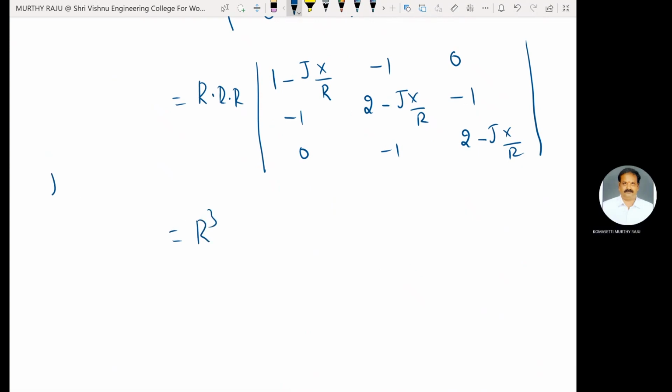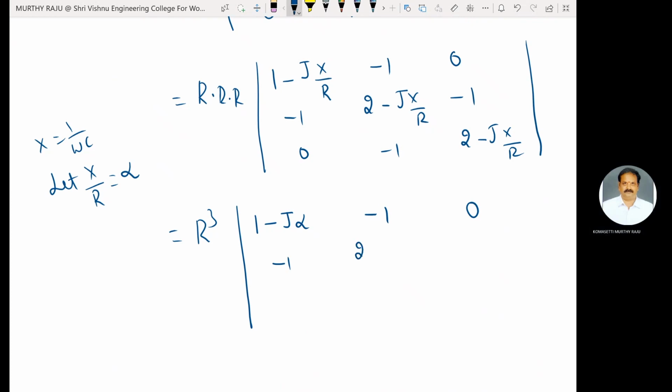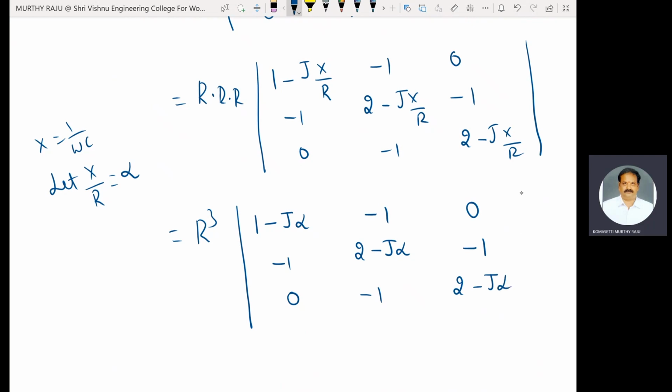We get R cube. Let X by R be equal to alpha. We know that X is equal to 1 by omega C. Therefore the determinant is 1 minus j alpha, minus 1, 0; minus 1, 2 minus j alpha, minus 1; 0, minus 1, 2 minus j alpha.